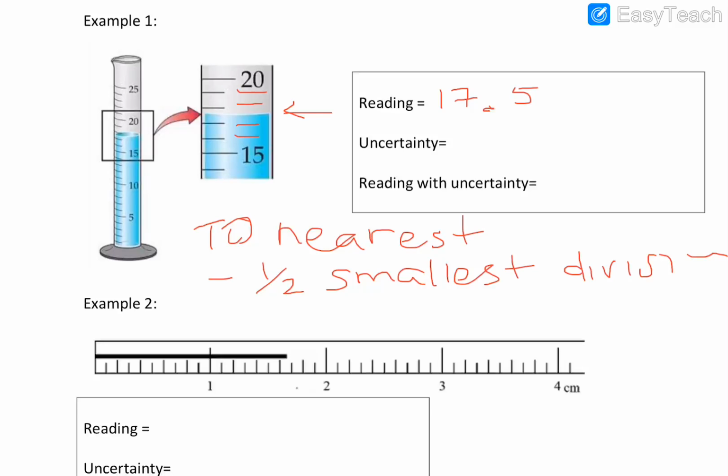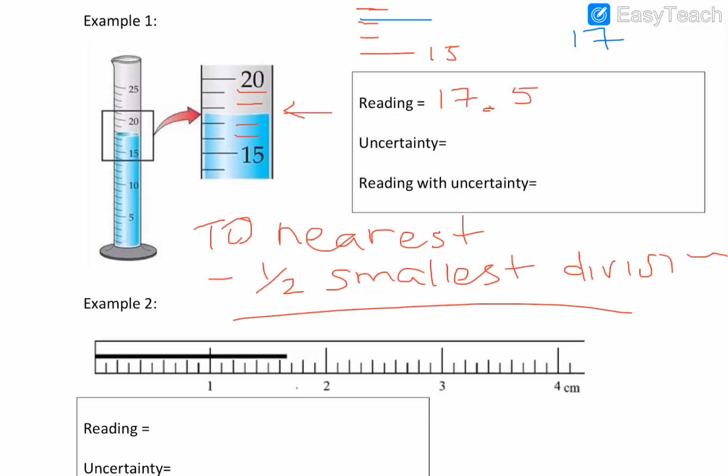I will not attempt to say that this is 17.6, because this is beyond what I can estimate. I can just estimate half the smallest division, not more, not less. Even if the measurement had been like this, I would say that it is 17.